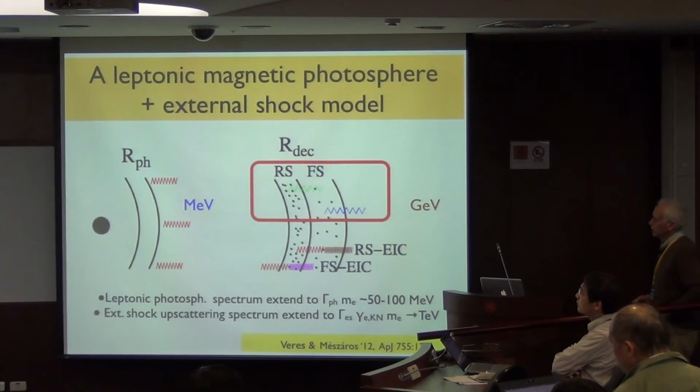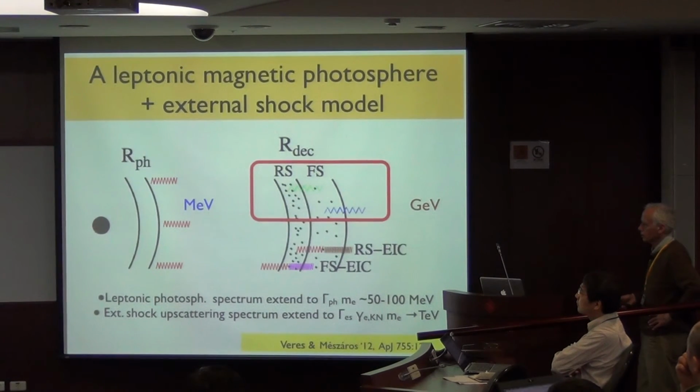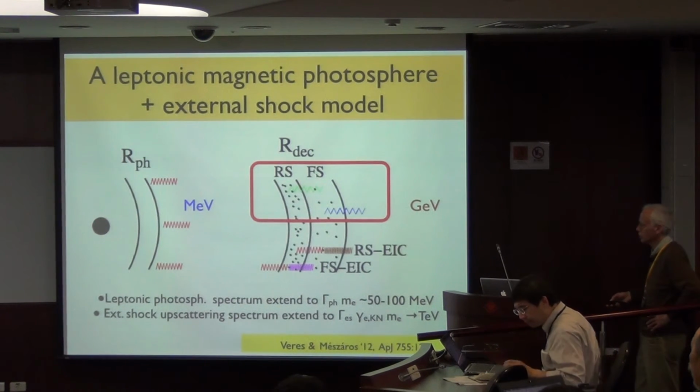So this is a typical calculation of photospheric radiation producing the prompt LAT spectrum, and then it gets upscattered in the external shock, which has a forward shock component and a reverse shock component. So you can have the external inverse Compton component, so you upscatter these photons both by the forward shock and by the reverse shock.